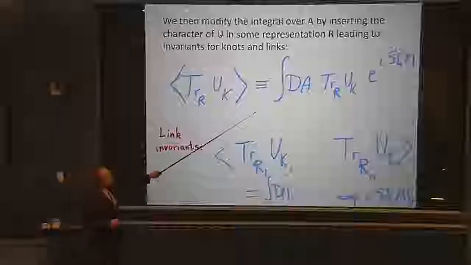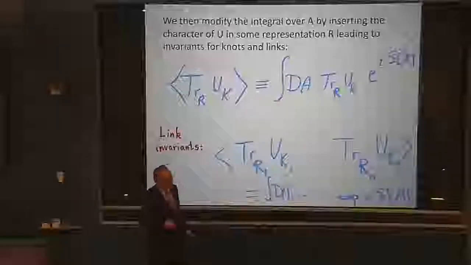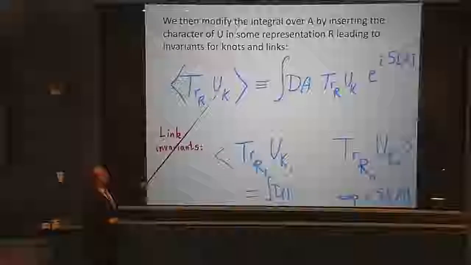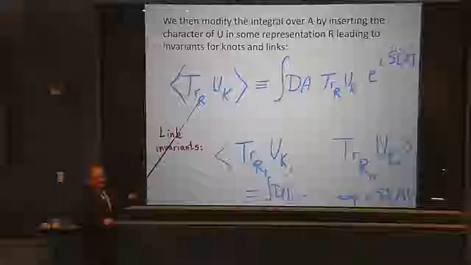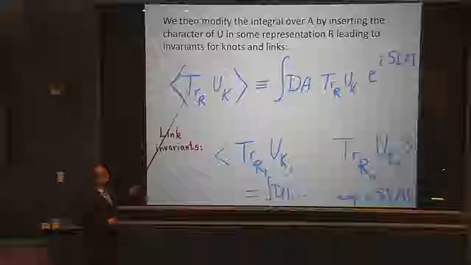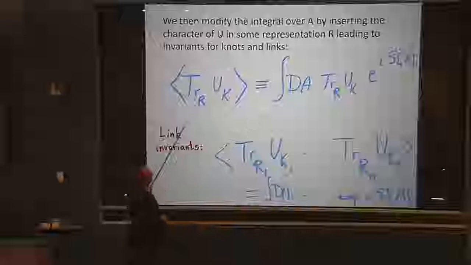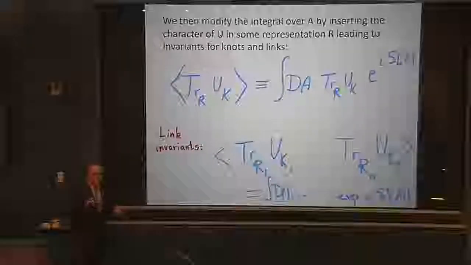When we were integrating over the connections, you can insert this in that integration and get an invariant, which, when you choose the holonomy around some particular, let's say, knot, and evaluate the character in some particular representation, which is what we call the trace in representation R of this, gives you some invariant for that knot, which does not depend on the metric.